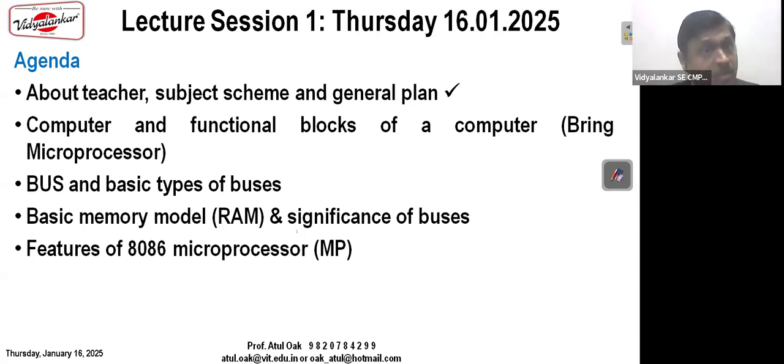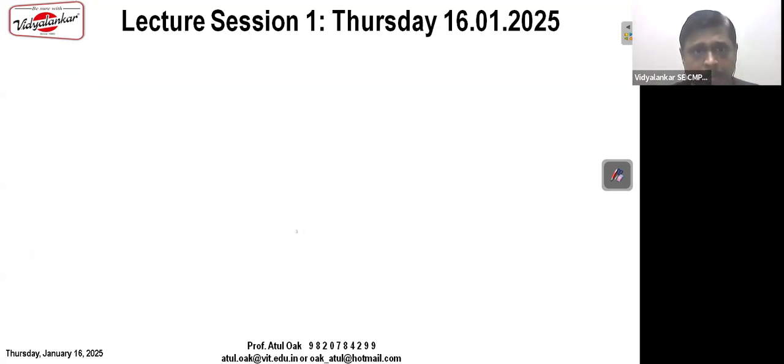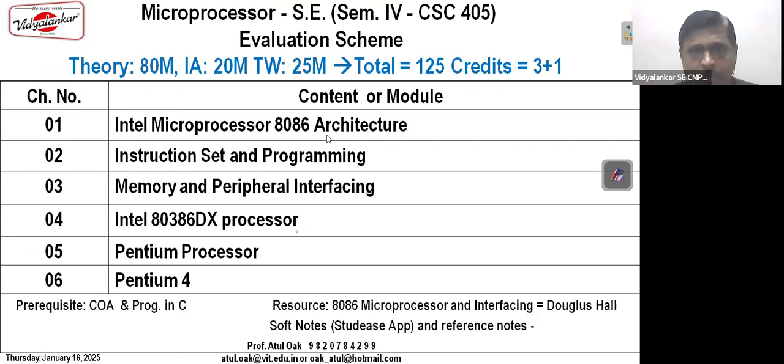Just to make you a little familiar, this is really an ocean because you are studying 3 microprocessors: 8086, 80386 DX, Pentium, and the advanced version of Pentium, that is Pentium 4, which I'm not counting separately because a small module is there.